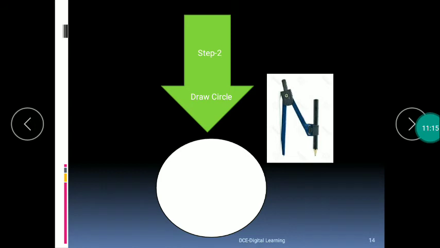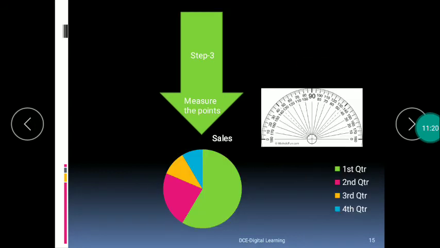So by using this compass tool, we can prepare the circle. The final step is to measure the points.